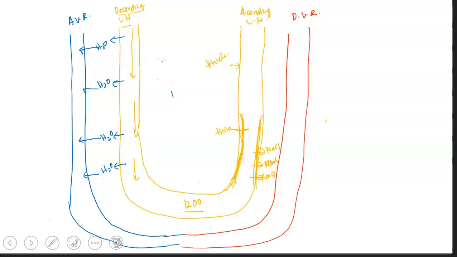So the sodium chloride moves into the interstitial fluid and into the blood in the descending vasa recta. Blood flows in the opposite direction as the filtrate.